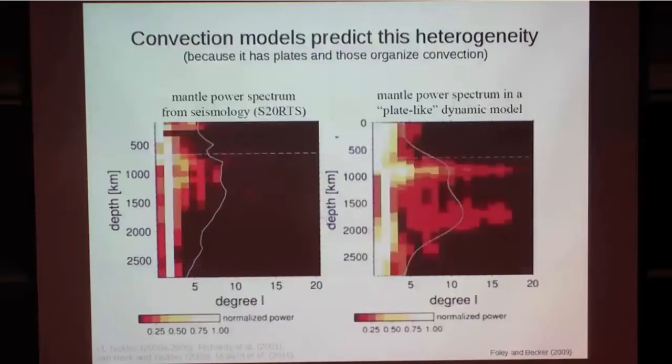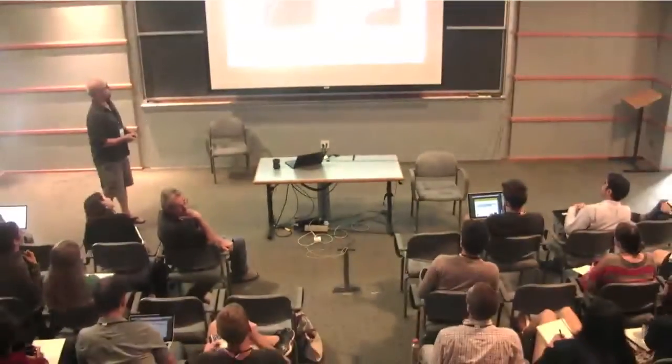Yes? In the plot on the right, the mantle simulation, what's the explanation for the increase in power at about 1,700 kilometers depth?